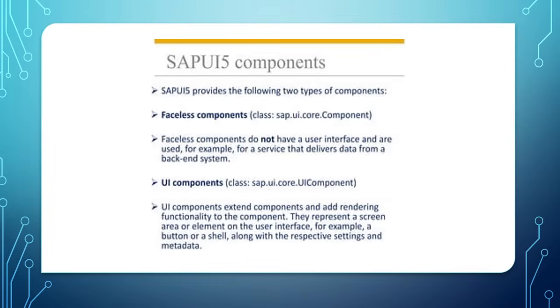The faceless component is nothing but a class of sap.ui.core.Component. It doesn't have a user interface. For example, it serves to deliver data to the backend system, to pass the data to the backend system. That is the faceless component. For all our UI screen developments we will use the UI components.